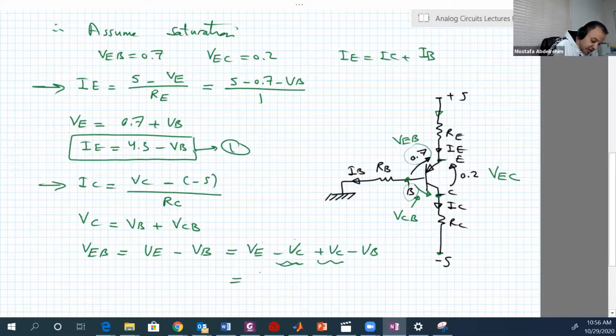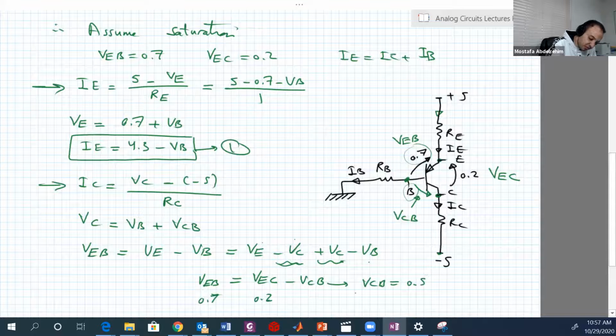VE minus VC is VEC, which we know. And VC minus VB is unknown for us. And VEB is also known. So this is 0.7, this is 0.2, so we can get VCB. VCB is 0.5 volt.